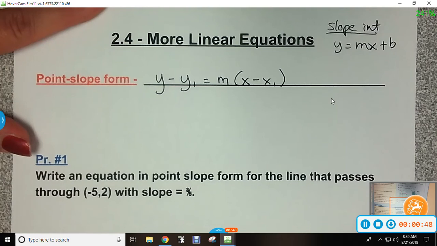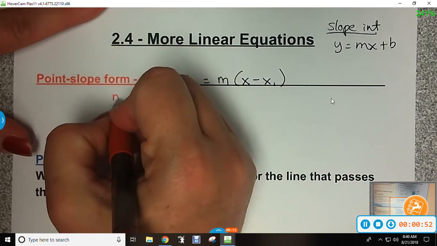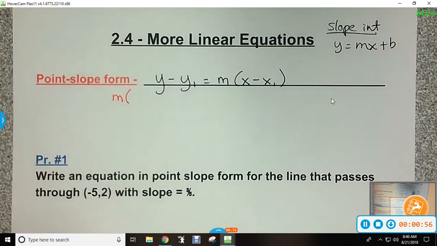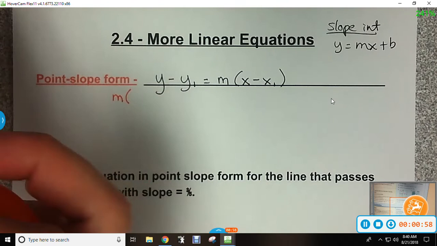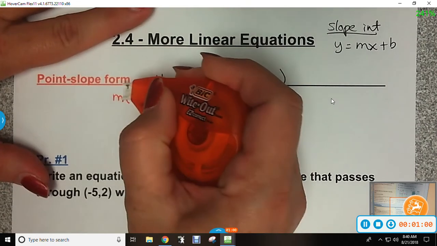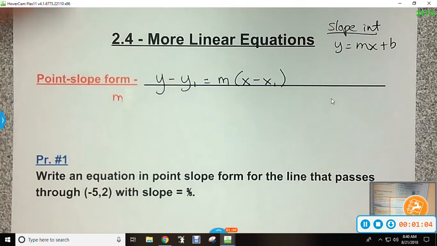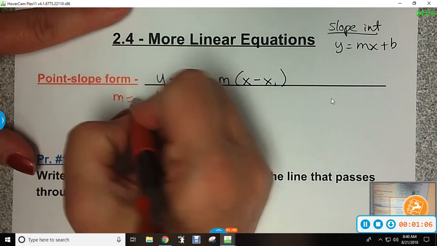Now, in this equation, m, once again, stands for slope. Okay, m still stands for slope.